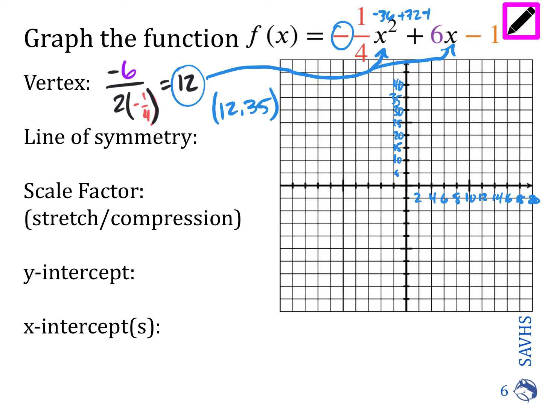And it's just going to make it possible to fit this graph on the thing that I provided. It's going to be a little messy, but that's all right. Okay, so the line of symmetry goes right through the vertex. So it's x equals 12. And that looks like just a vertical line that goes through 12 like this.